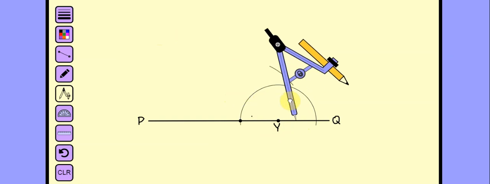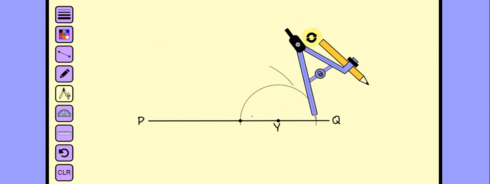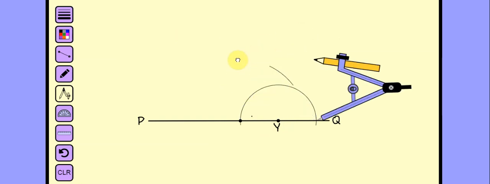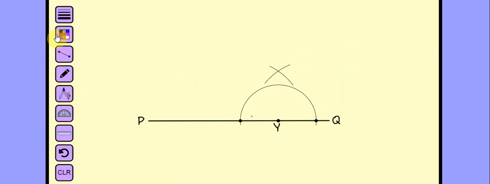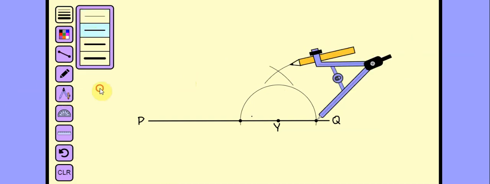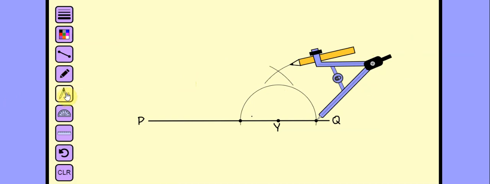We move the compass needle to the next intersection point, and we scribe a second arc to cut our first one.